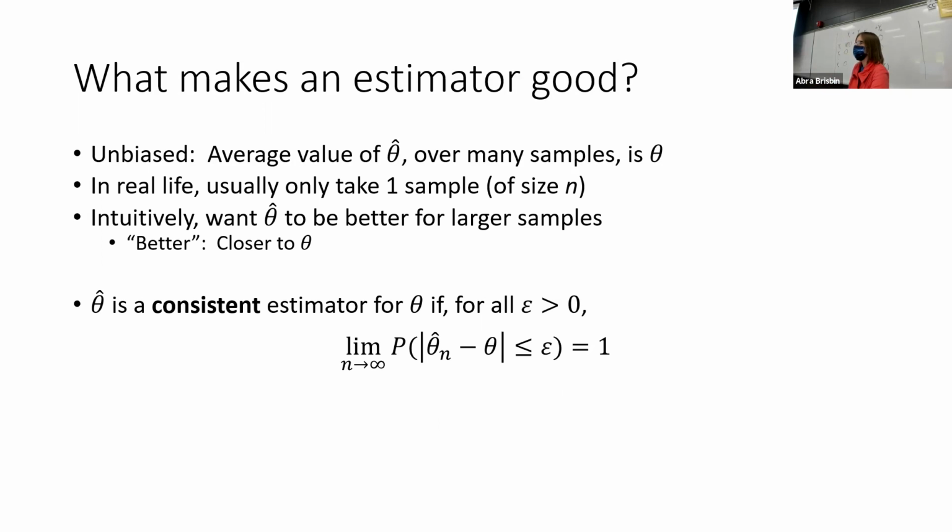I suppose it's theoretically possible that there could be an estimator where this works for epsilon equal to 0.4, but not for epsilon equal to 0.3. But that would be a pretty unusual estimator. Other questions about this?